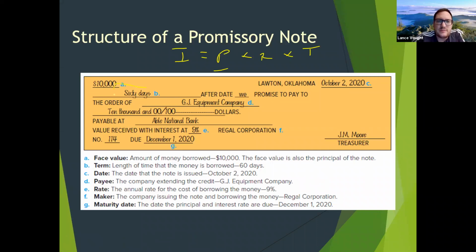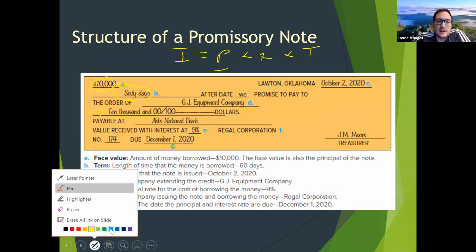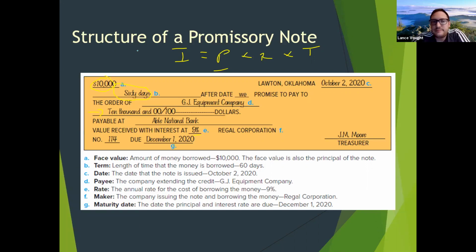And then the number of days in which you're borrowing it, and the amount, again just like with the check. The annual interest rate. Again, interest rates are always annual. So the chapter 10 quiz will say, okay, I have a 60-day loan. Well, that interest rate is not based on the 60 days.